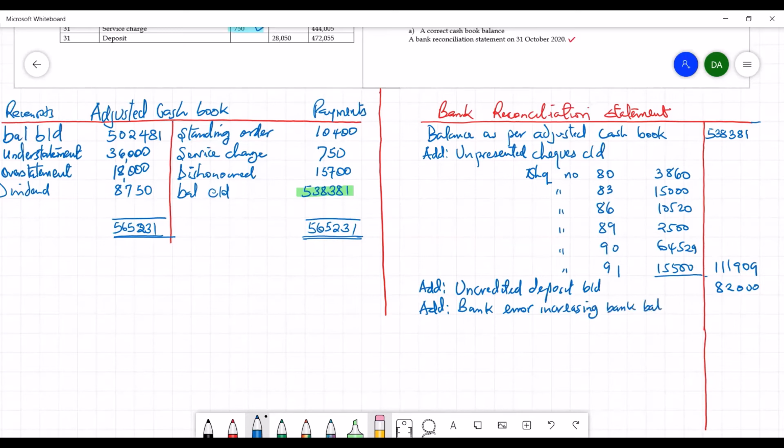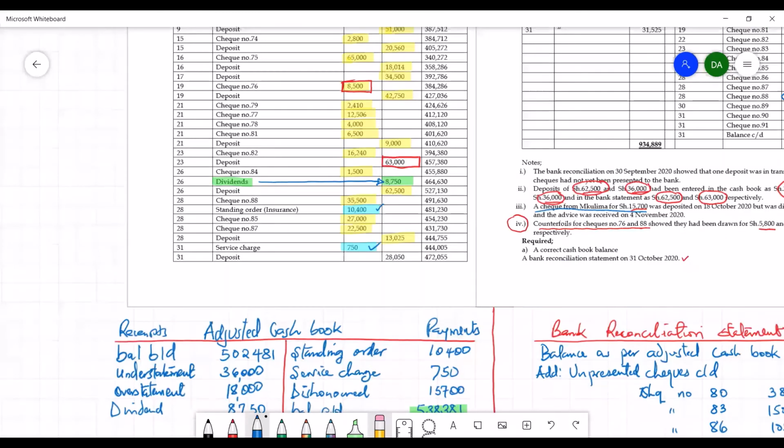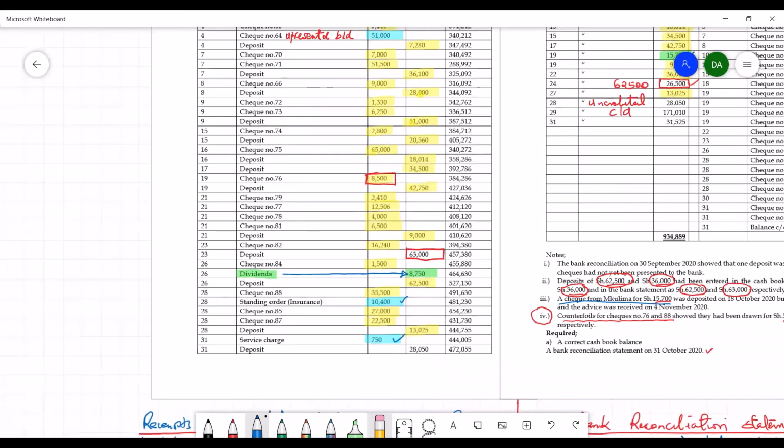So if we have some bank errors which are increasing the bank balance, then we need to add them. This is in a case whereby, let's say, an item was overstated in the bank and overstated especially on the credit side. Items overstated on the credit side of the bank are increasing the bank balance. So we need to add such items when we are doing bank reconciliation.